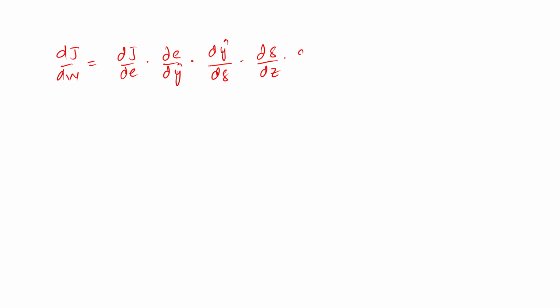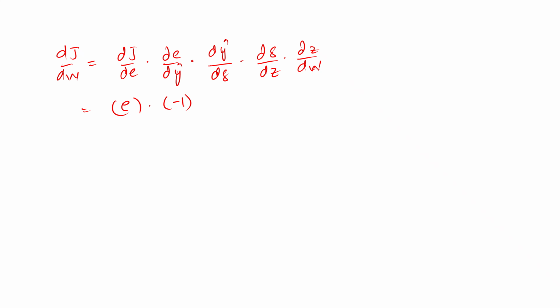Now let's rewrite the equation for the derivative of the loss function with respect to w. It was the derivative with respect to y hat, the derivative of y hat with respect to sigma, the derivative of sigma with respect to z, and the derivative of z with respect to w. We derived dJ by dy hat as e, and this was -1.